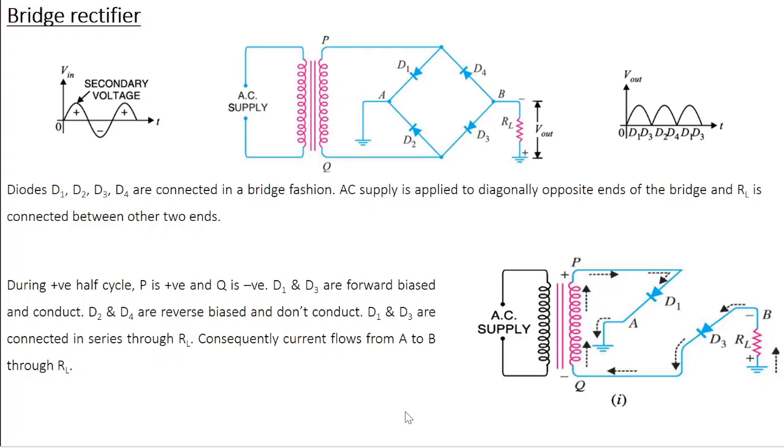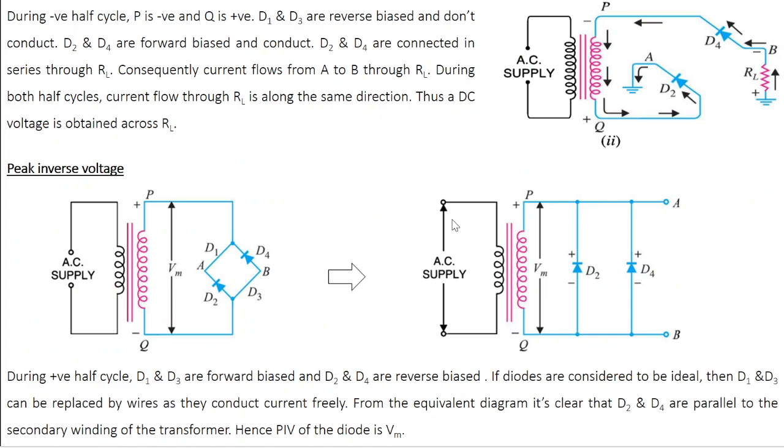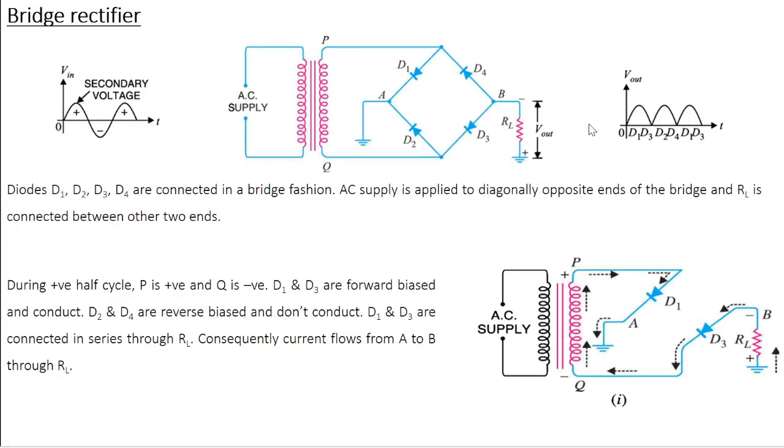What happens during the negative half cycle? Here the P side is negative and the Q side is positive. Once again, look at the diodes. For D1, P is connected to the negative terminal, so this is reverse biased. For D4, the N side is connected to the negative terminal, so D4 is forward biased.